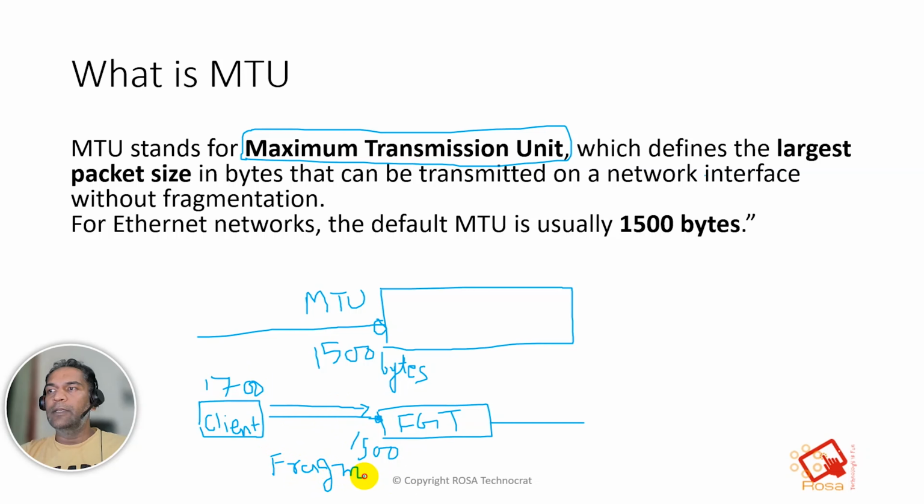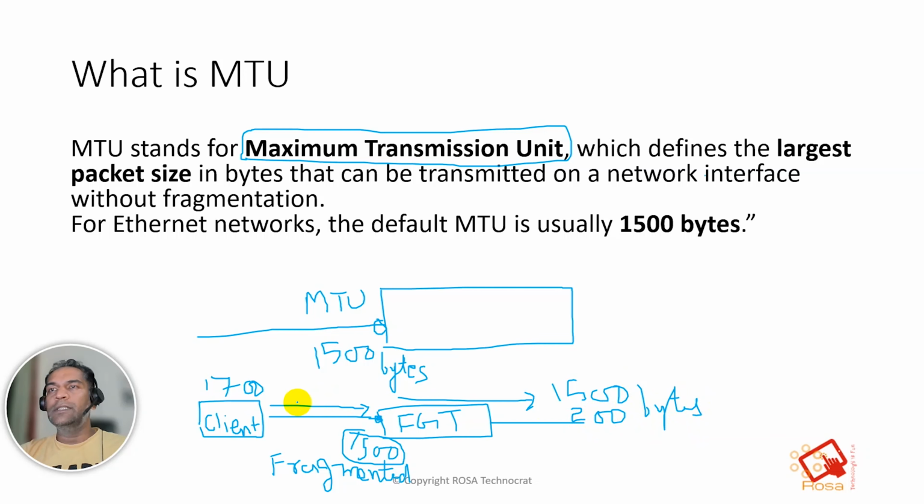It will be divided into smaller parts. One frame can only have a maximum size of 1500. So this particular frame will be fragmented into two frames or two packets. One will go as 1500 and the other will go as the remaining 200 bytes.